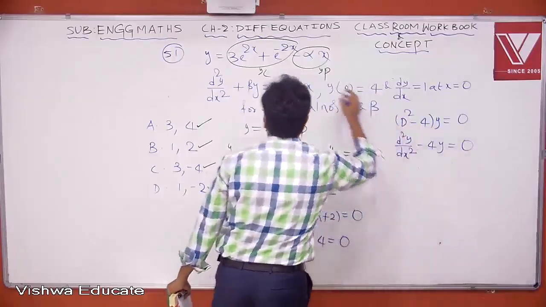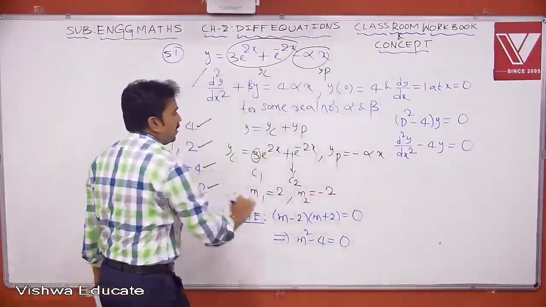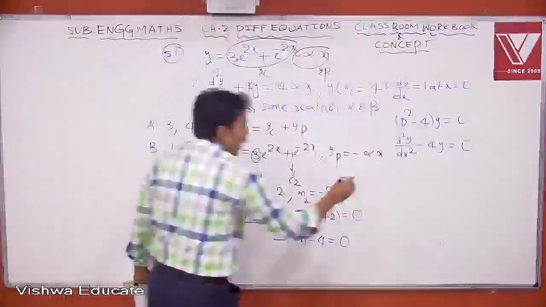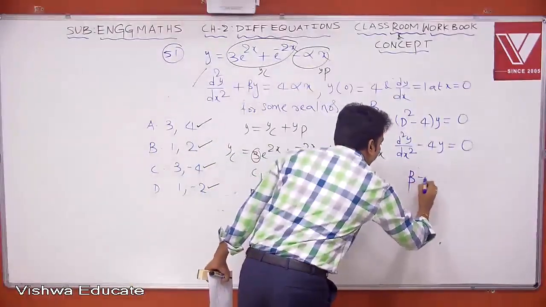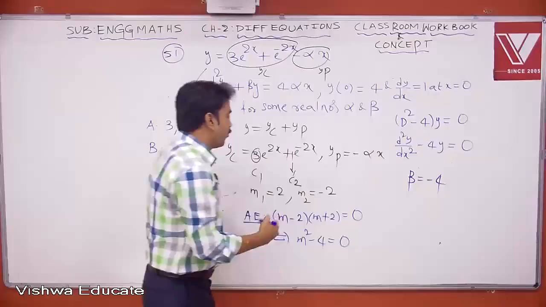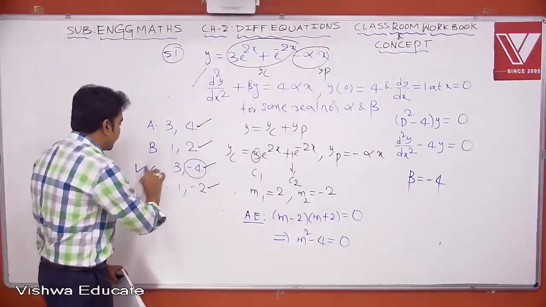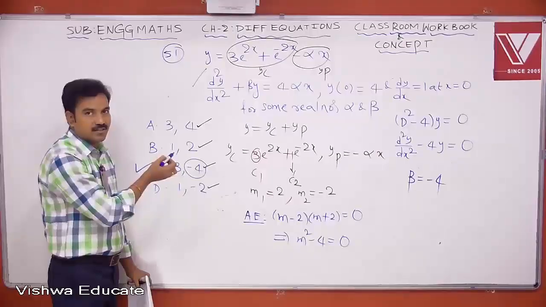Now compare this equation with the given one. In place of beta, we have minus 4. So the beta value is minus 4. Therefore, we got only one option with beta value minus 4. Hence, option C is the right answer.